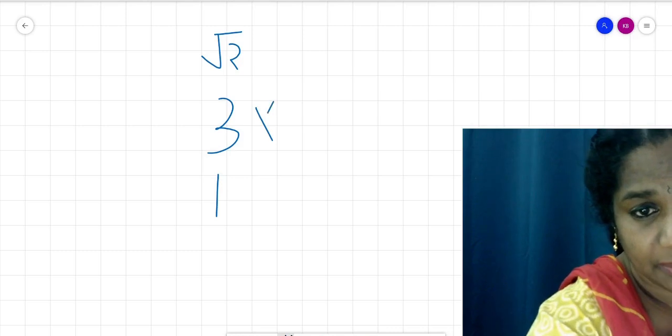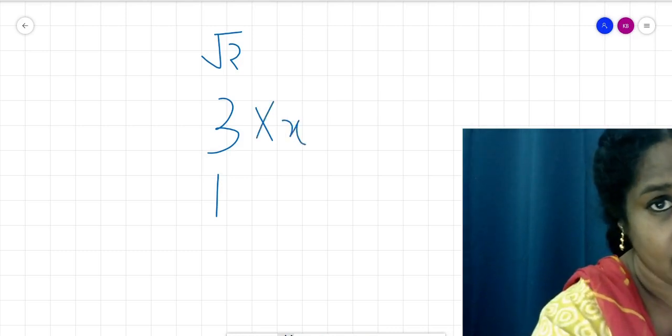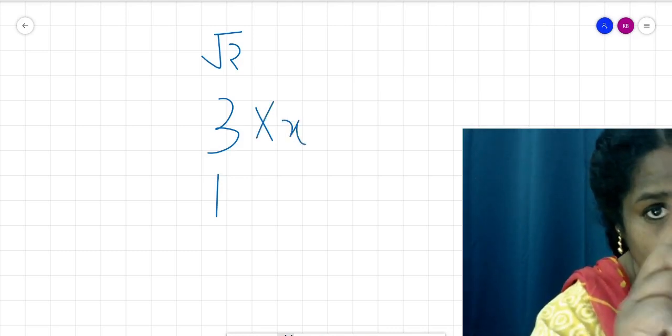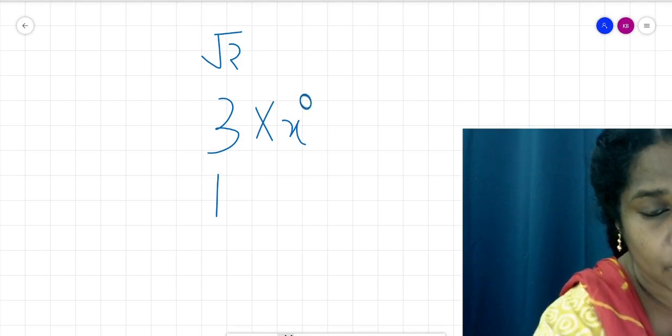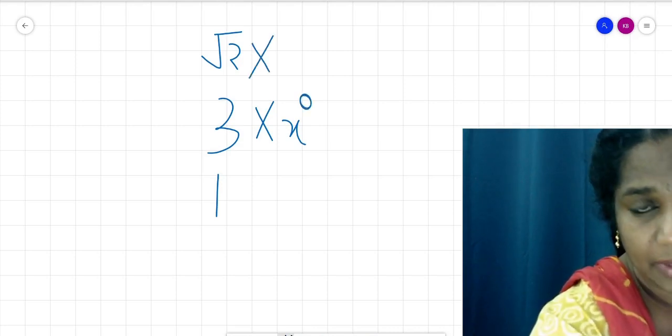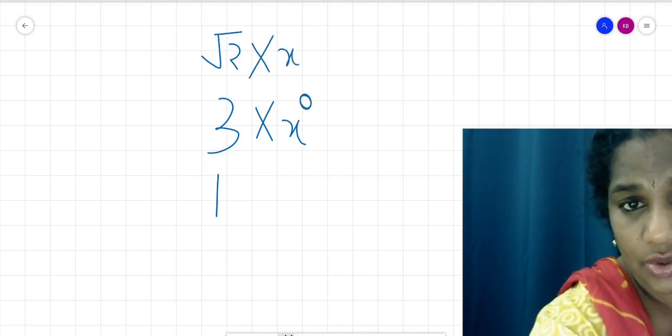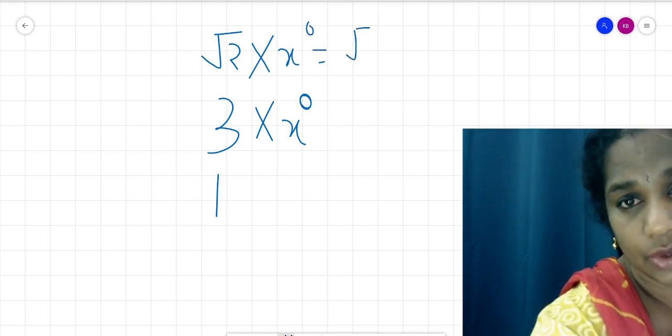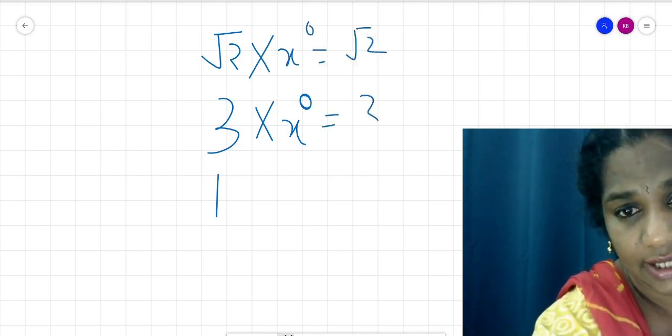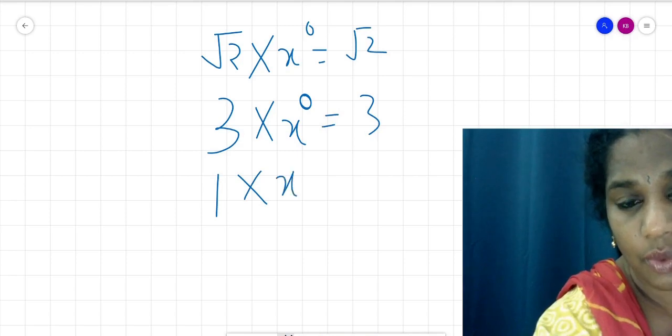I need to get 3 only. With x, if I multiply, I should not get 3x. I have to get 3. So what should I do? x raised to 0. If I multiply under root 2 with x raised to 0, it will be under root 2. This will be 3. This will be 1.